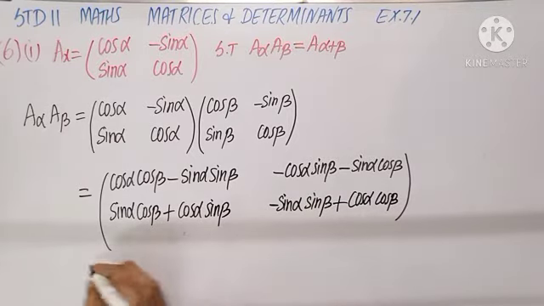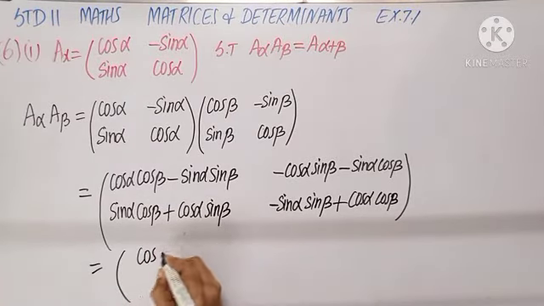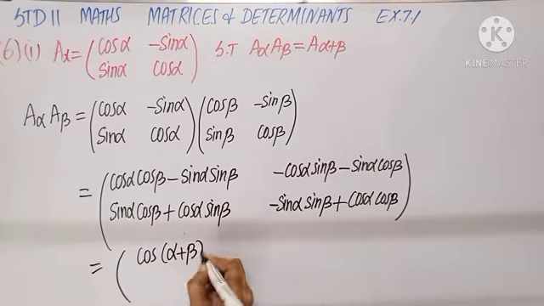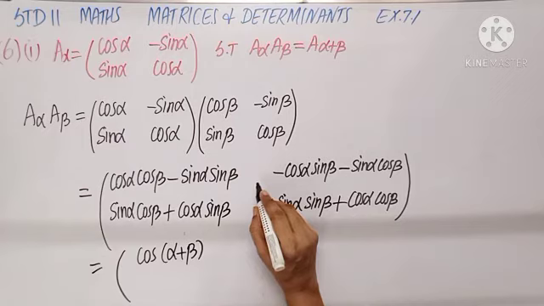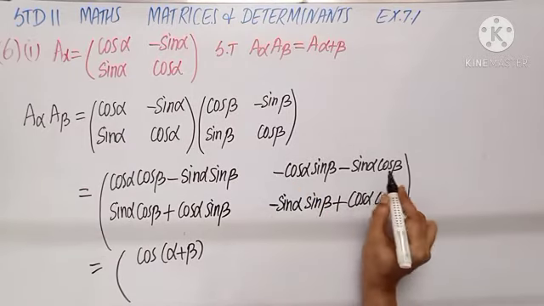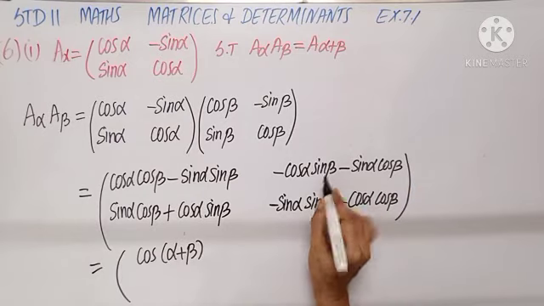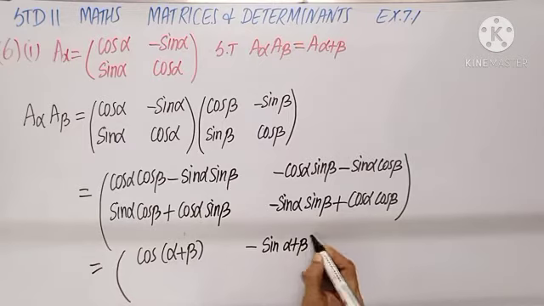As we recall the trigonometry formula, cos A cos B minus sin A sin B is cos of alpha plus beta. Here I take the minus sign out. It becomes minus of sin alpha cos beta plus cos alpha sin beta, which is sin alpha plus beta.